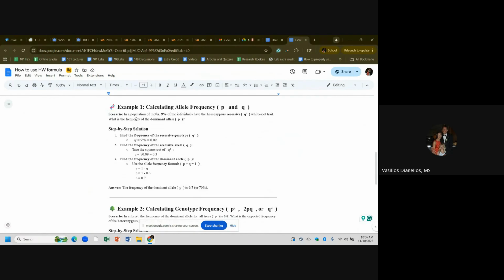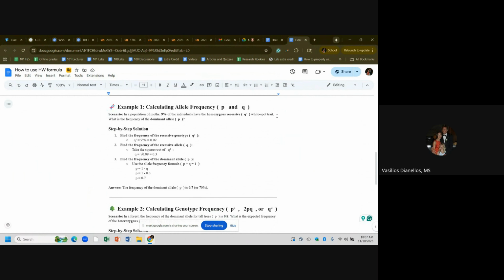All right. So let's look at the scenario. In a population of moths, 9% of the individuals have the homozygous recessive white spot trait, right? So this is just a hypothetical situation. So we know Q squared equals 0.09, because that's another way of writing 9%, right?